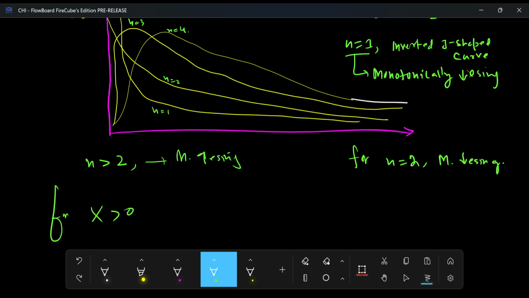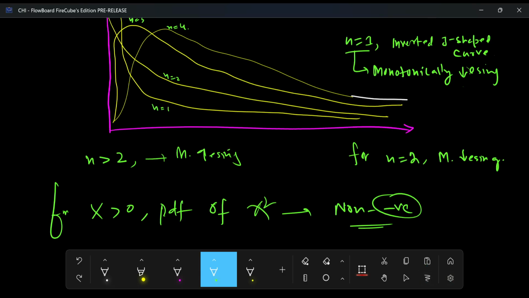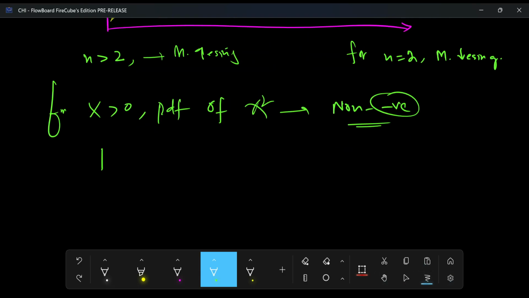for x greater than 0, the PDF of chi-square is always non-negative. So f double dash x will be less than 0 if n minus 2 is less or equal to 0, which means that if n is less or equal to 2. Clear?